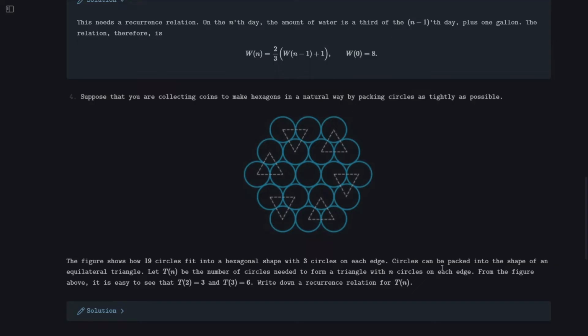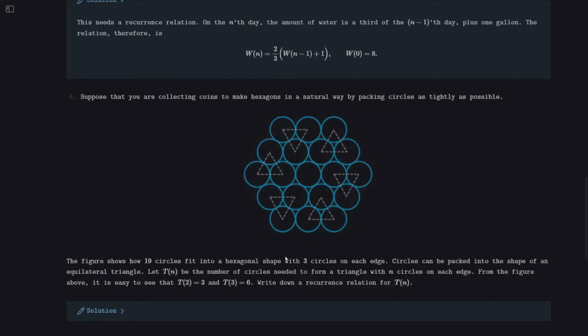Okay, so a triangle with 2 circles along its edges is going to have 3 circles in it, and then if we try to imagine a triangle with a greater number of circles, the next triangle we can form is going to look like 1, 2, 3, and then 4 here, 5 here, and a 6 here, and that's going to give us t of 3 equal to 6 according to the question.